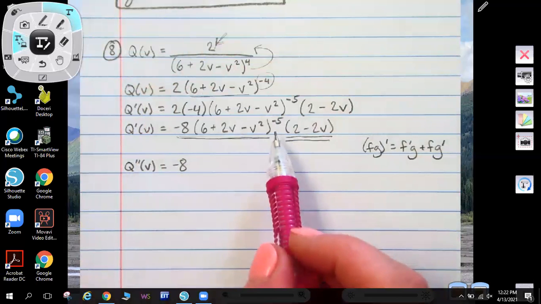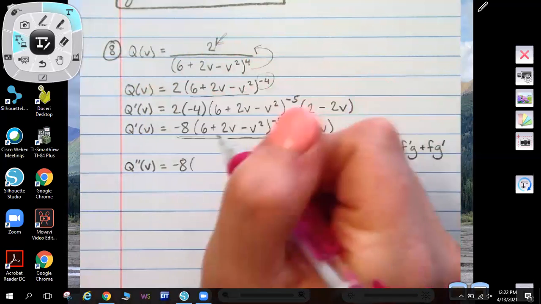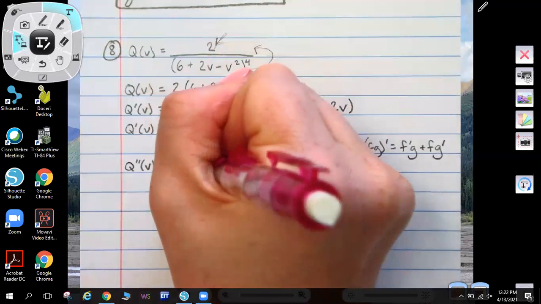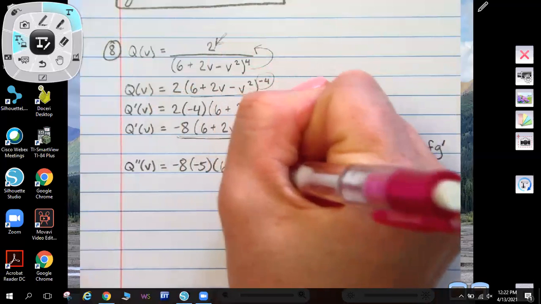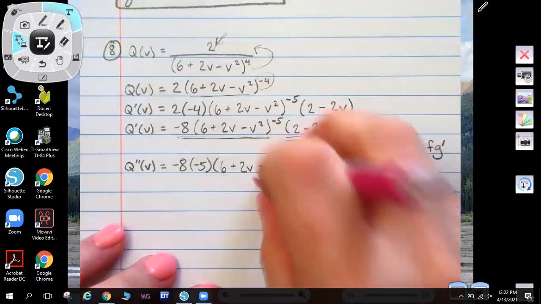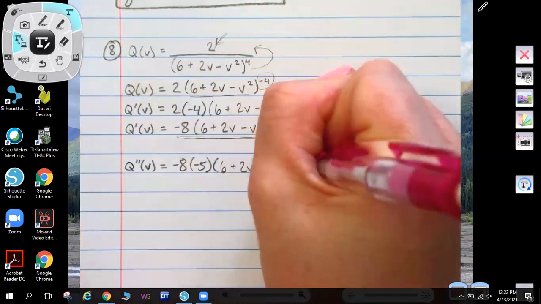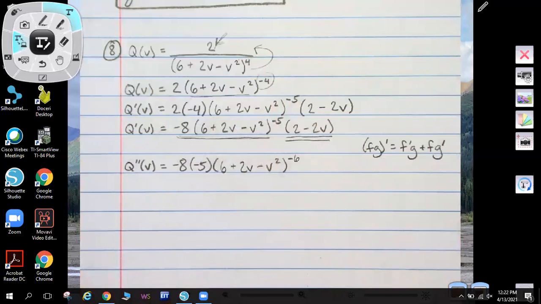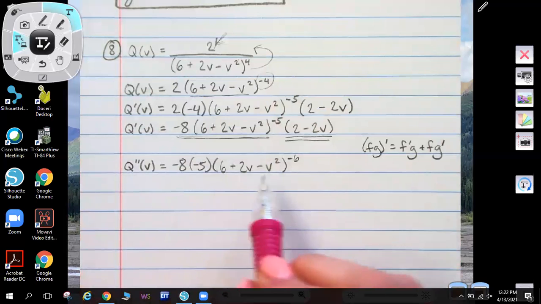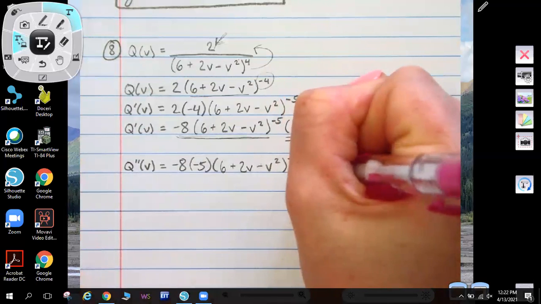The derivative of the outside function is the exponent of -5, so we're bringing that -5 down in front, and our new exponent is -6. Then that gets multiplied by the derivative of the inside function, which will be the same as it was before, 2 minus 2v.